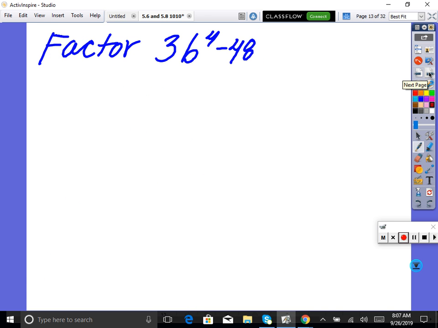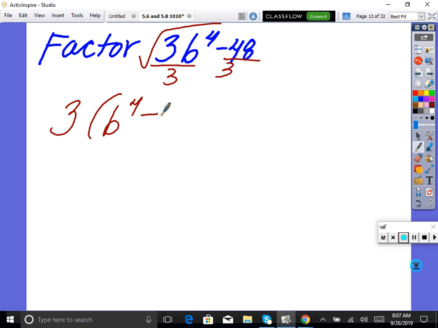Everybody, just keep with me for a second. What should I do first? If I try to square root it, what happens? We're in trouble. So what should I do? Pull out a 3. So then divide by 3, divide by 3. So the left is b to the 4th minus 16. Everybody stick with me. Is that 2 perfect squares? Square root the front thing and you get b squared.